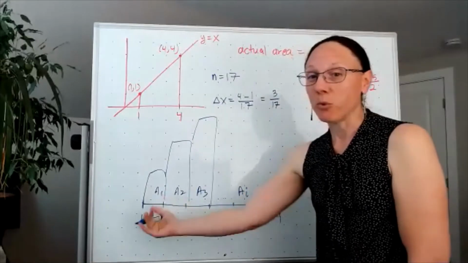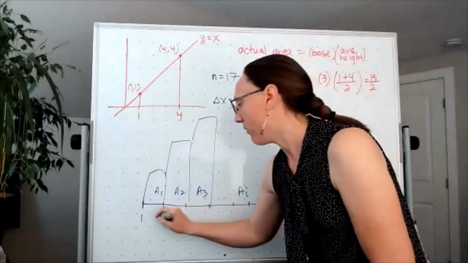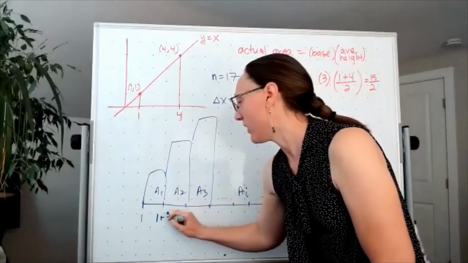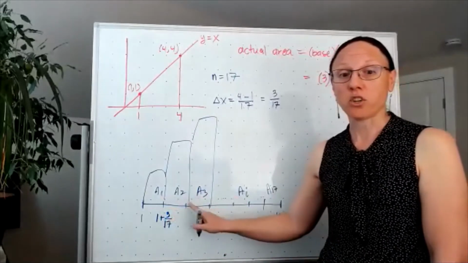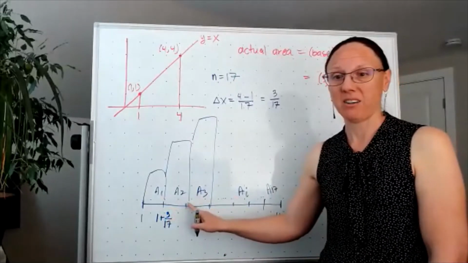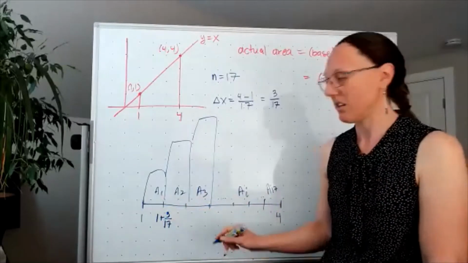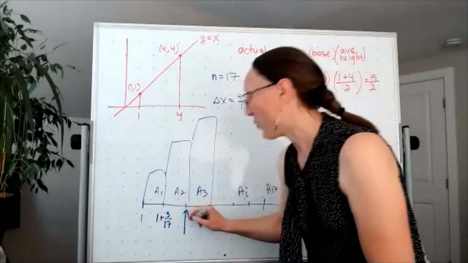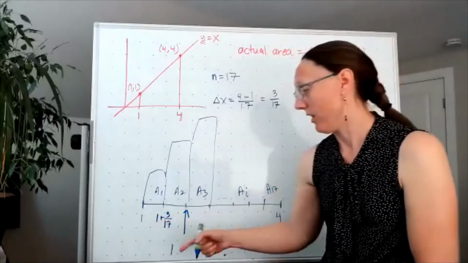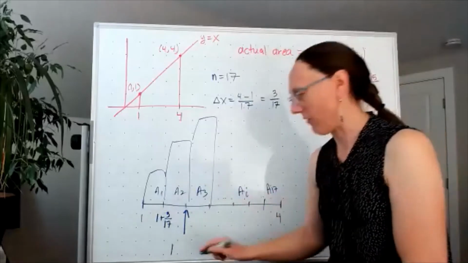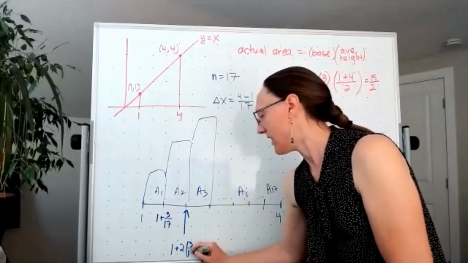So right here, I've moved over 3/17. So I'm at an x value of 1 plus 3/17. That's gross. When I move to this next spot here, I've moved 2 sets of 3/17. So that x value right there is 1, but now I've moved over 2 of the 3/17. So plus 2 of the 3/17.